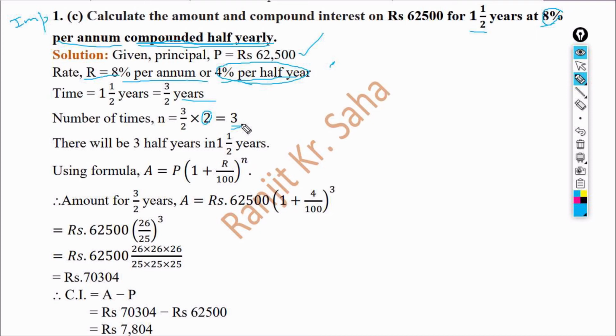Then amount for 1.5 years equal to principal rupees 62,500 into 1 plus rate, half yearly 4 by 100, to the power 3. Note it here from now: you have to remember that the rate is half and time n is double of that time.